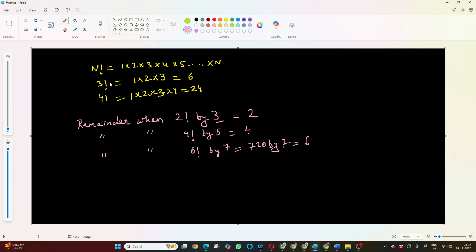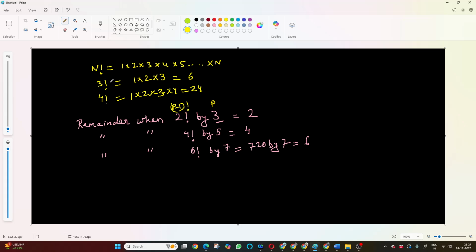Now, do you notice one thing common across all these remainders and the divisors that we saw? If this prime number that we are taking is denoted by P, let's say 3 and 5 and 7 are all called P as a generalization, all these numbers that we have taken in factorial are P minus 1 factorial.